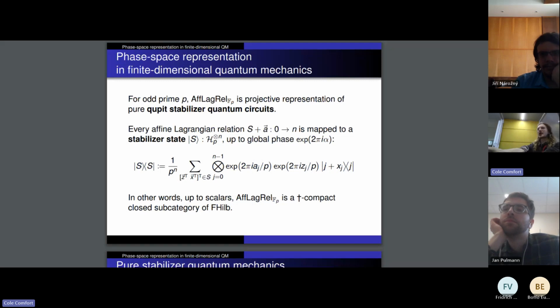So this is a fragment of quantum mechanics, but only of pure quantum mechanics, which I discussed earlier. So at this point, there's no interaction with a classical observer measuring anything. This is the purely isolated quantum fragment of finite dimensional quantum mechanics that can be described purely in terms of the configurations of the position and momentum and their evolution in terms of how the position and momentum changes.